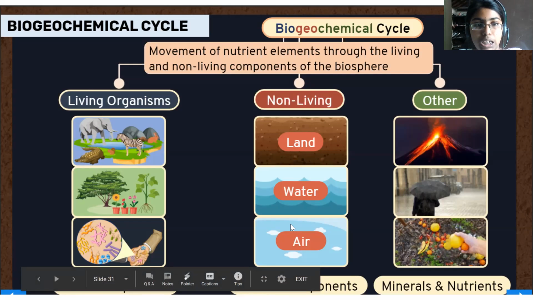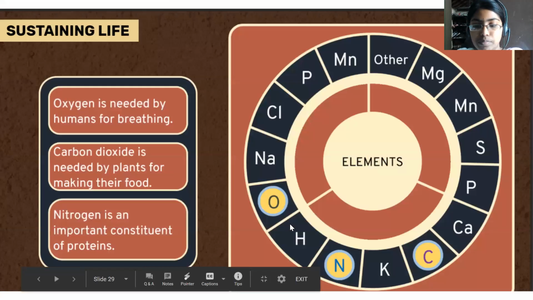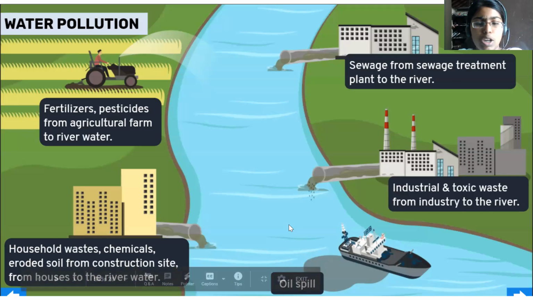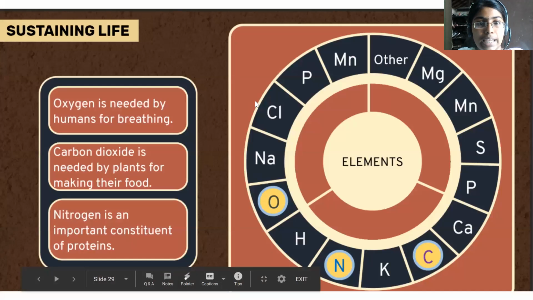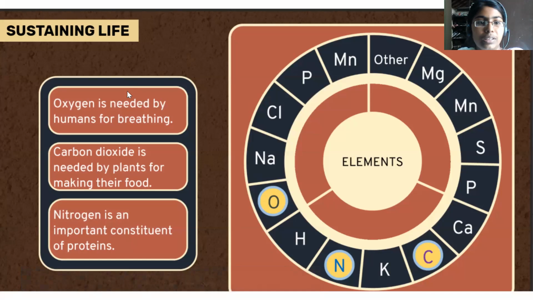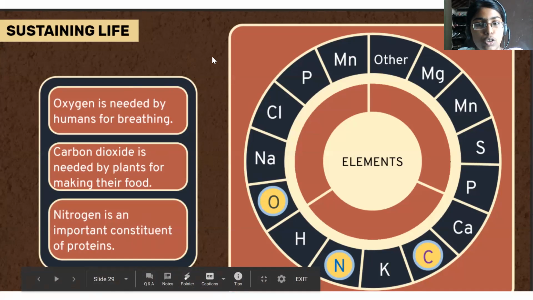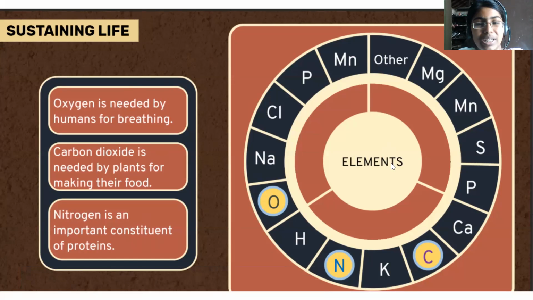So we'll make a note of this. From water pollution, we already know, so we'll write the sustaining life. What is the need of oxygen, carbon dioxide and nitrogen is enough. For other elements, you can write a small example like chlorine or sodium, whatever you want, according to your wish.